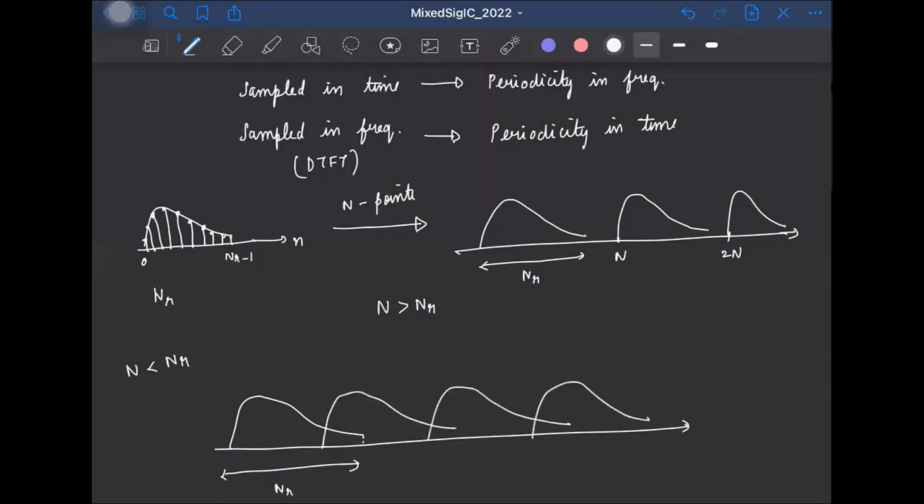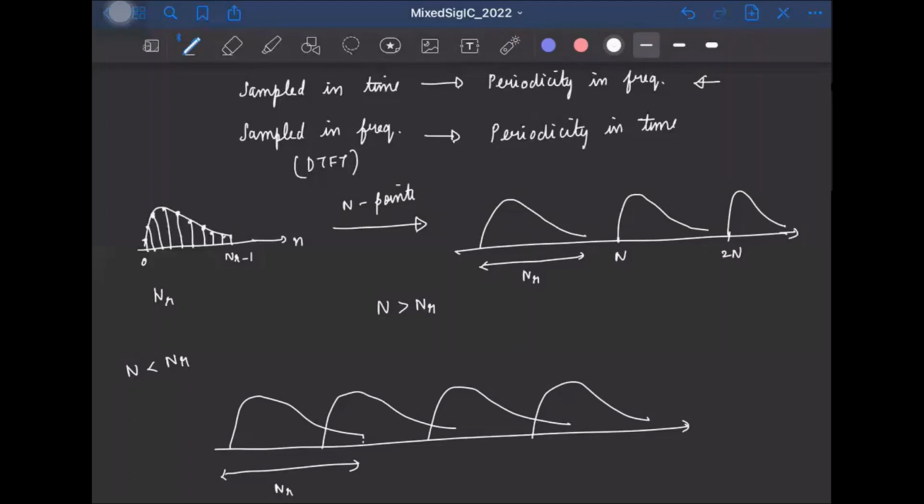So what's happening? We clearly see that the initial and the last few samples will no longer be the same; they'll get changed compared to the original signal. This is similar to the aliasing that happened when we sampled a continuous time signal to convert it to a discrete time sequence. The same thing is happening here.